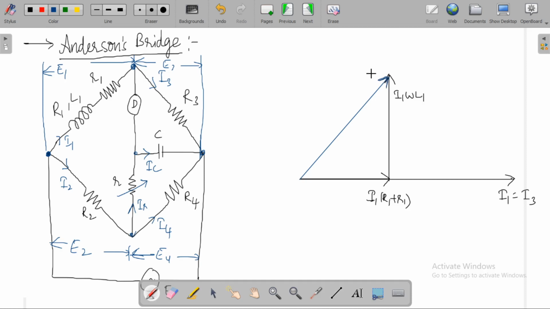This is E1 only, not E2. E1 is not equal to E2.